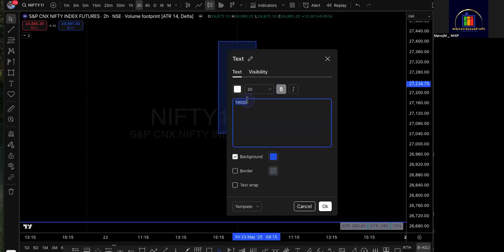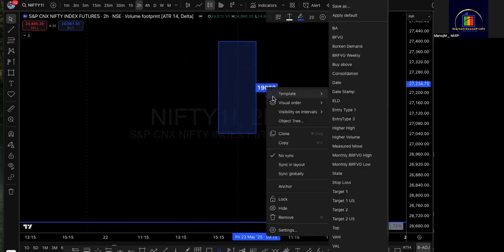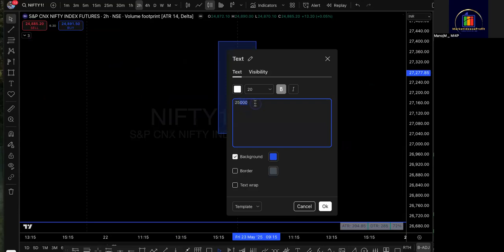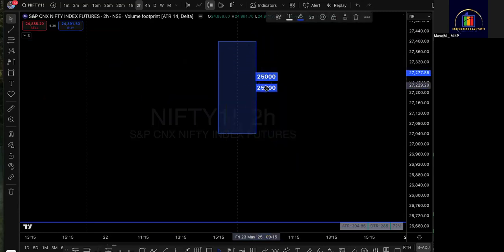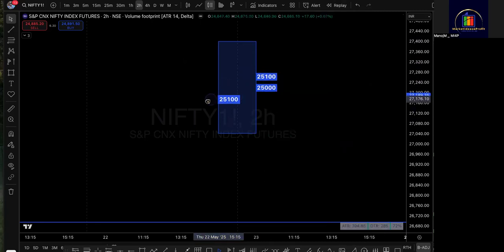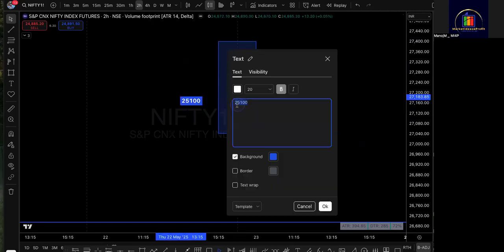Actually, it's about 25,000 right now, so let's take it as 25,000. You have a ladder, which is 25,100, and so on and so forth, and say 24,900 here. This is how the price band is.